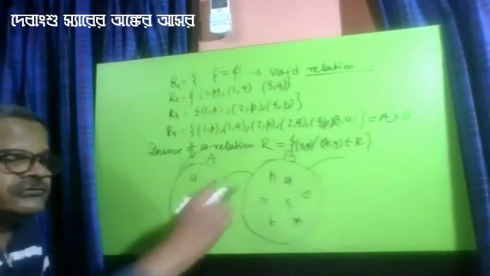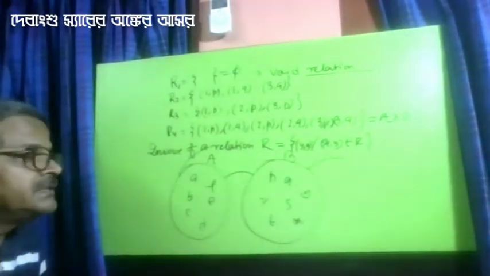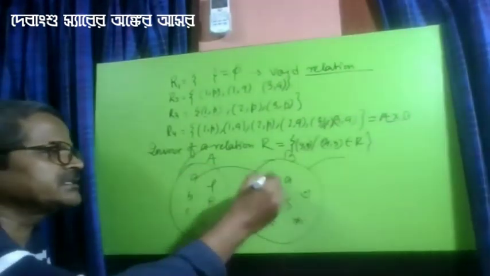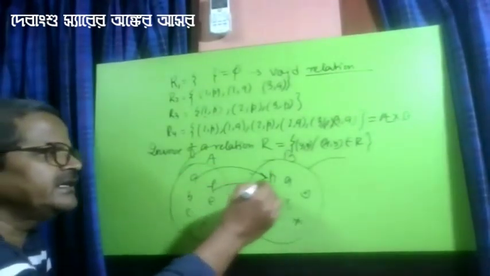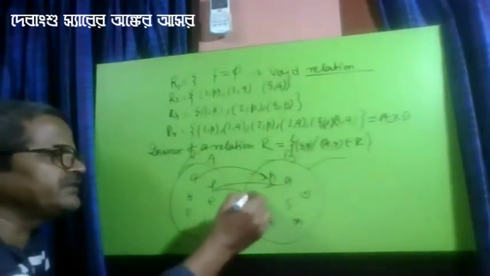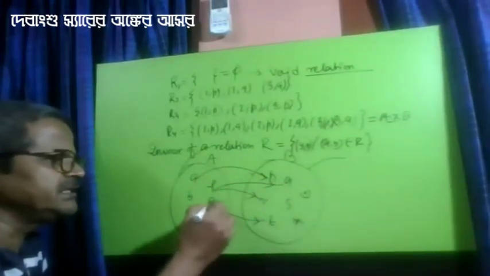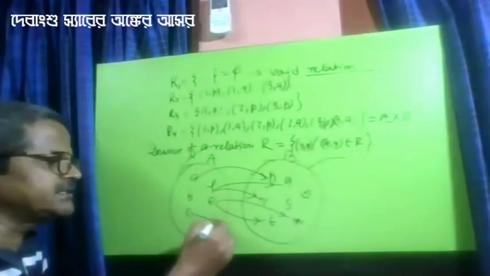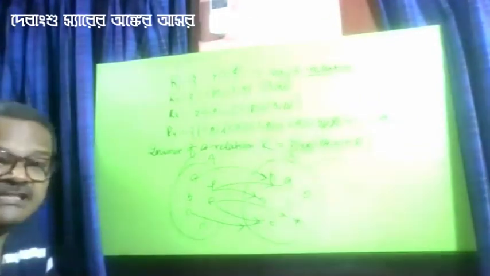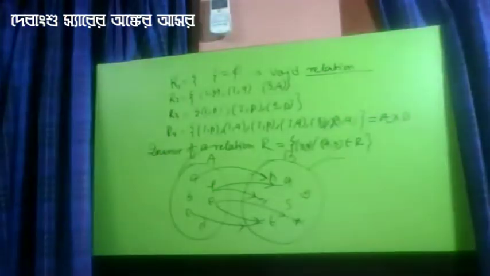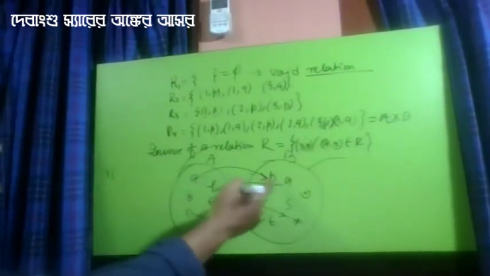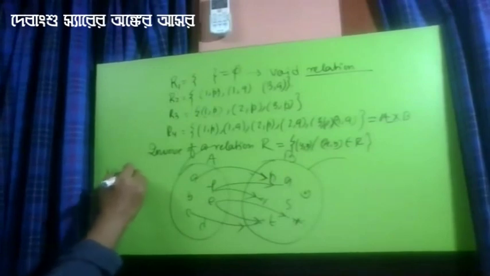Now see, A and B are two sets having some elements, and the arrow diagram is given by: A hits P, F hits Q, and F hits R, E hits T, and E hits star, and C hits T. This is the arrow diagram. So from the arrow diagram, we can easily write it in set form. So A hits P, so AP will be an element.